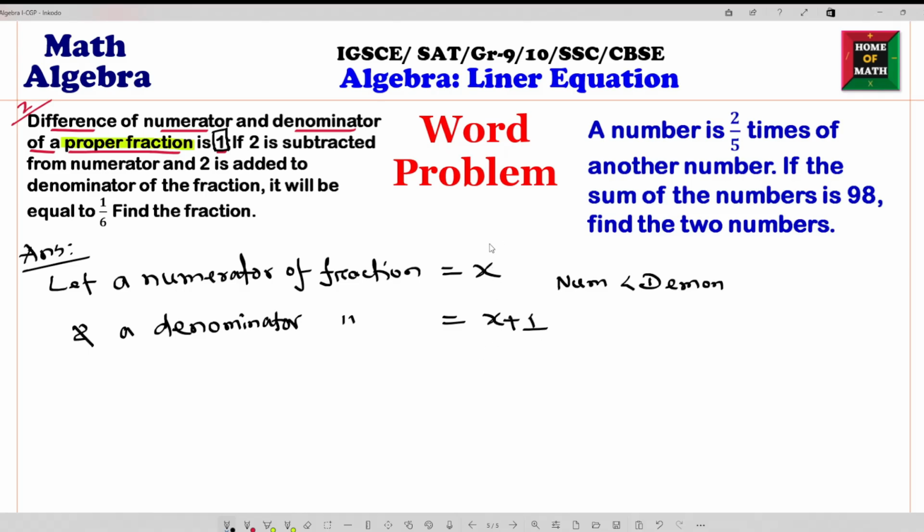So the difference of this fraction's numerator and denominator will be 1. So the fraction equals x divided by x plus 1.